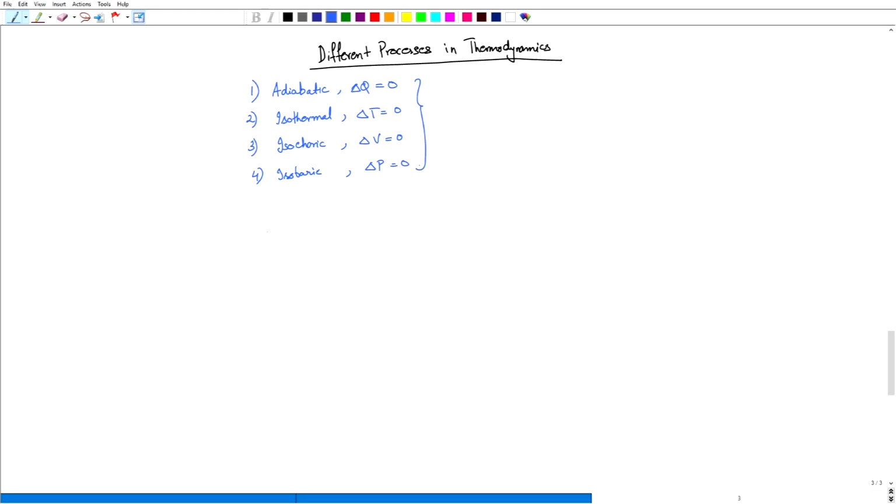So first we'll look at the isothermal process.